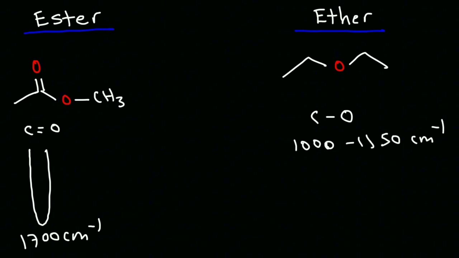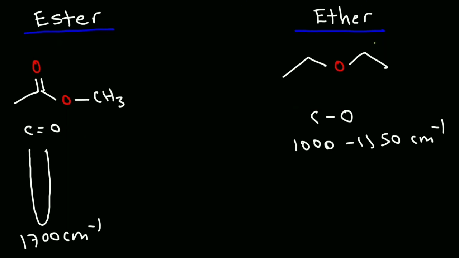Something you want to keep in mind is that double bonds have higher wave numbers than single bonds. The C double bond O stretch absorbs at a higher energy than the CO stretch of an ether. And triple bonds have even higher wave numbers than double bonds. We'll talk more about that later in this video.